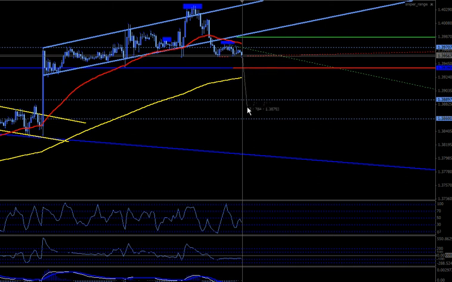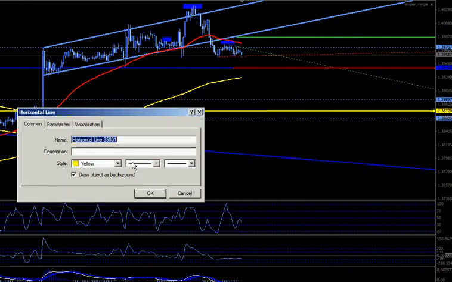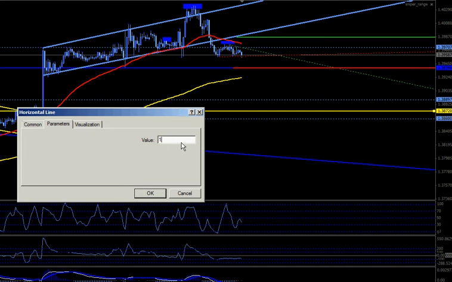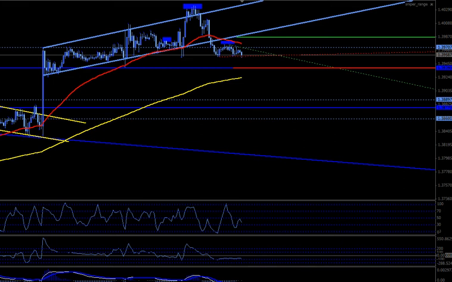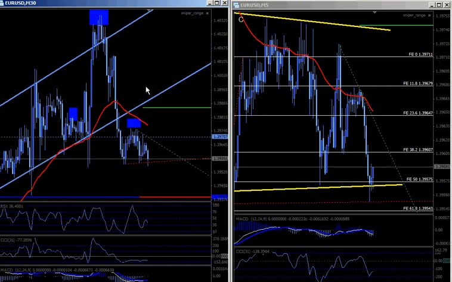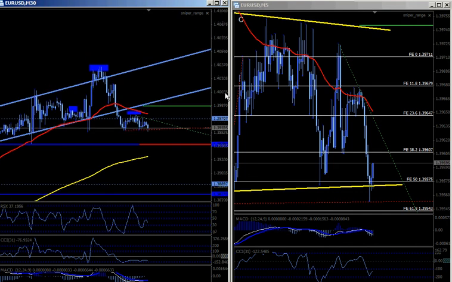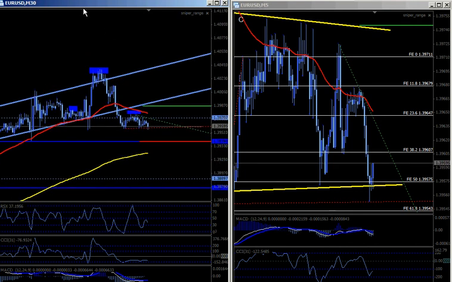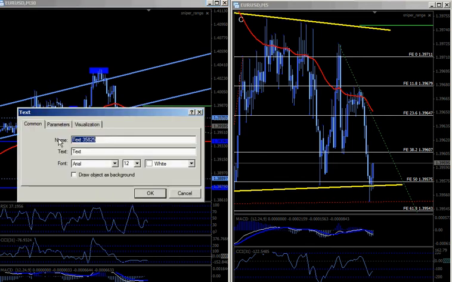So about 38.77 for the target, and I'm just going to go ahead and put a line there. And I always do my head and shoulders patterns here in blue. So that's the 30-minute target there, down here at 38.77. And I'm just going to mark that with a head and shoulders target.